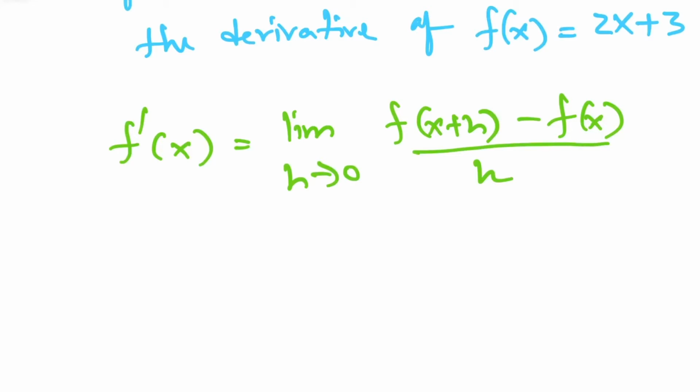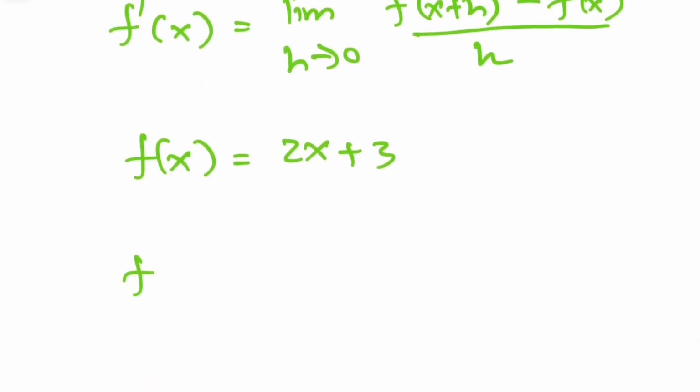So we already know the value of f of x, that's equal to 2x plus 3. We need to know the value of f of x plus h, okay? So if f of x is equal to 2x plus 3, we can easily find out f of x plus h.